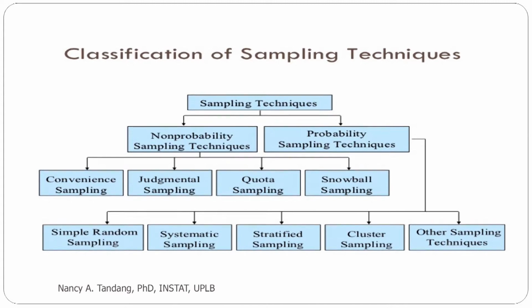So ito po yung mga sampling mechanism na wala pong randomization. So for example, convenience, yun nga, kung sino yung kakilala mo, kung ano yung convenient para sa'yo. So may mechanism ka namang convenience, di ba? But there's no randomization procedure there.